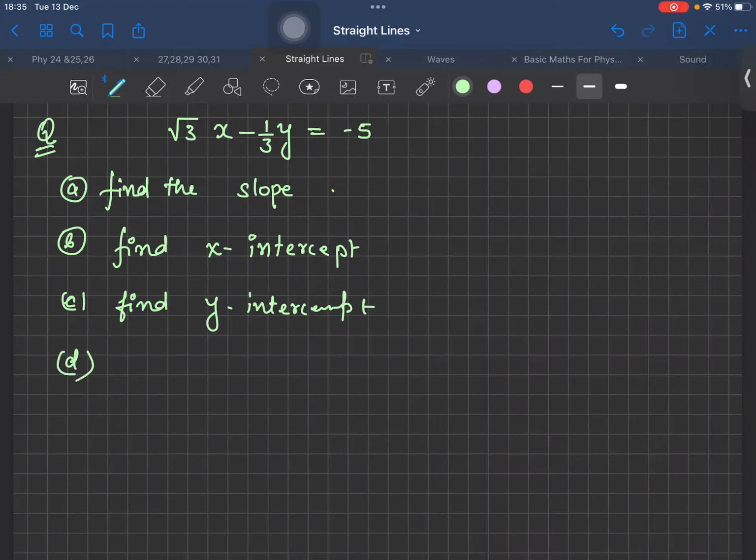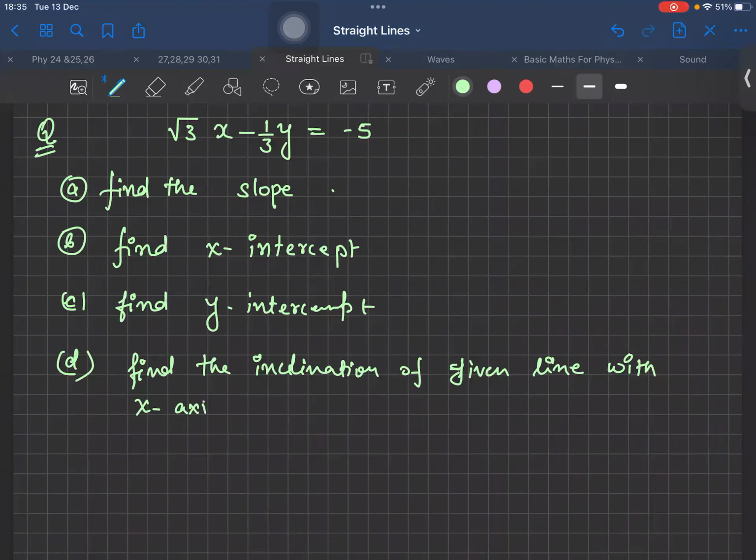And the fourth part is find the inclination of this given line with the x-axis in the counterclockwise direction.